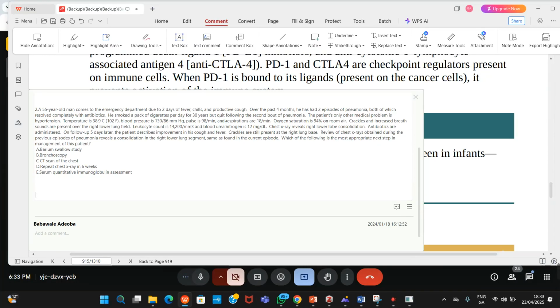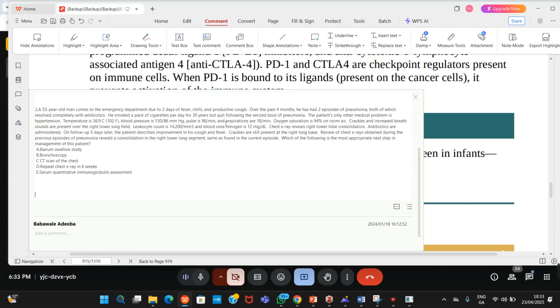The patient's only other medical problem is hypertension. Temperature is 38.9. Blood pressure is 130. Pulse is 98. Respiration is 18. Oxygen saturation is 94% on room air. Crackles and increased breath sounds are present over the right lower lung field. Leukocyte count is 14,200. Blood urea nitrogen is 12. Chest X-ray reveals right lower lobe consolidation.